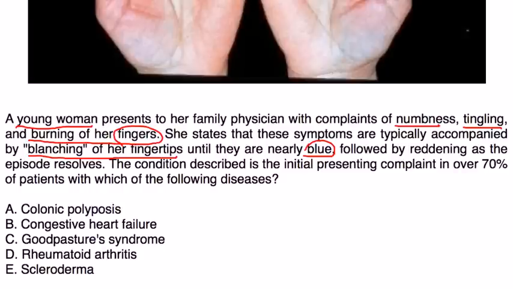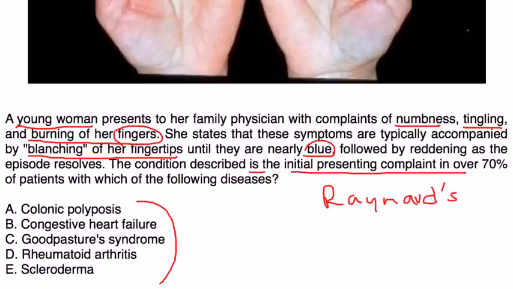So which of these would present with Raynaud's? Obviously, in the first part of the vignette, she's presenting with Raynaud's syndrome. And what they're saying is, for which of these five diseases is Raynaud's syndrome the initial complaint?